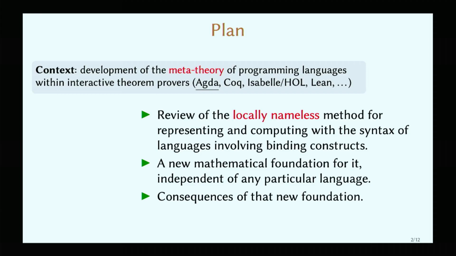And I'm going to revisit a pretty well-trodden area, which is to do with what's the best way of representing languages that involve name-binding constructs in a way that's sufficiently abstract that the representation is oblivious to renaming the bound variables up to alpha equivalence. And the locally nameless method is a rather nice way of doing that that's been around for a few years. But in this talk, I want to tell you something new about it that I discovered recently and draw some possible consequences of this new view of it.